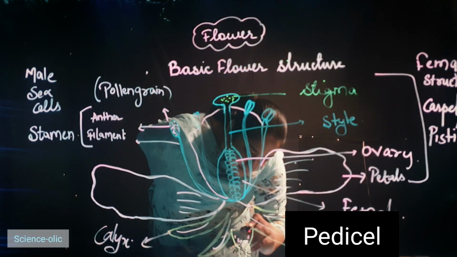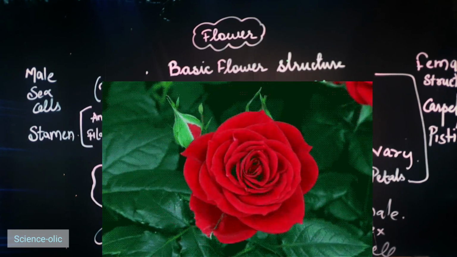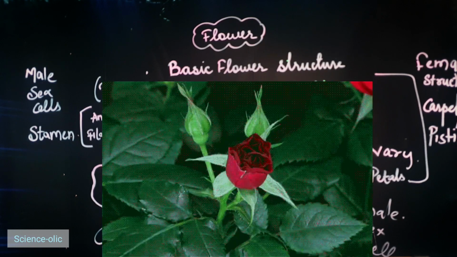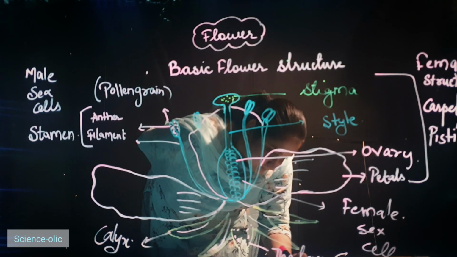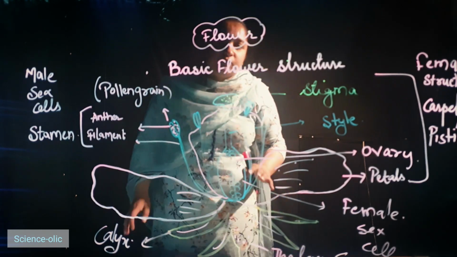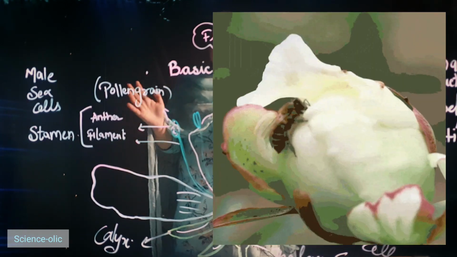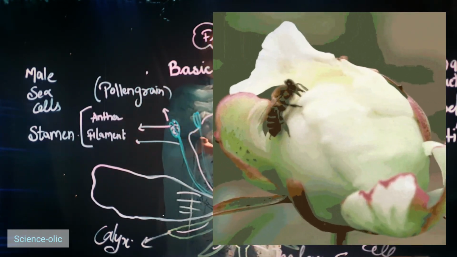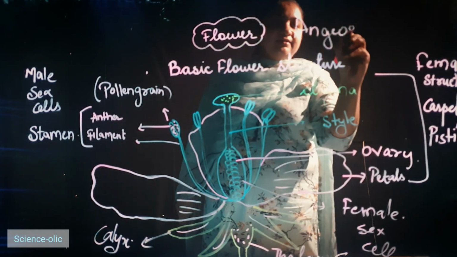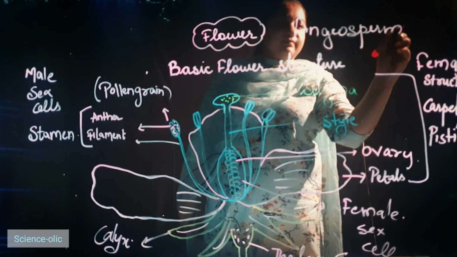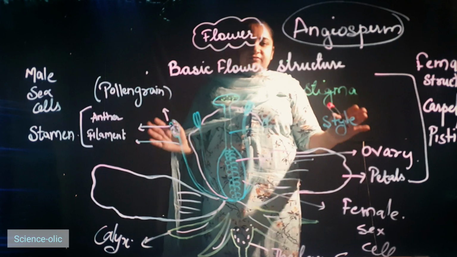This is thalamus, and this long part is the peduncle, especially in inflorescence. Inflorescence means flowers, and this takes place only in angiosperms. A flowering plant is known as an angiosperm. So this is the basic flower structure.